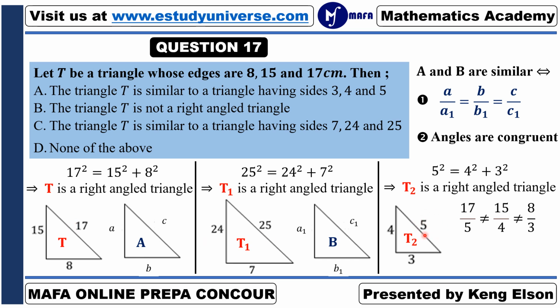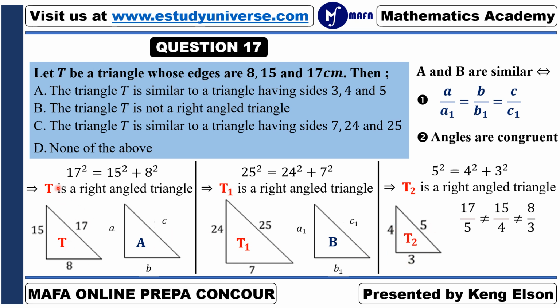Is 17 divided by 5 equal to 15 divided by 4, and is it equal to 8 divided by 3? So you see, they are not equal, because 17 divided by 5 is 3.4, 15 divided by 4 is 3.75, and 8 divided by 3 is 2.66. So they are unequal. Therefore option A is wrong, which is saying that the triangle T is similar to T2.